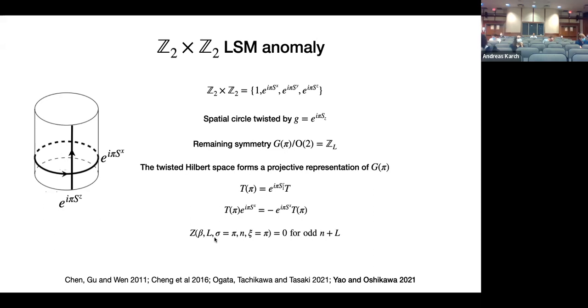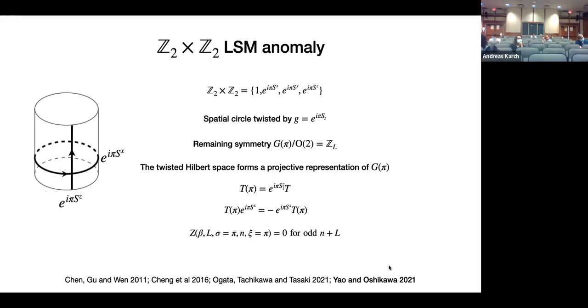That also leads to the exact statement about the partition function that when we put in sigma equals pi and C equals pi, the partition function has to vanish if n plus L is an odd integer. This argument was also given in this last reference by Yao and Oshikawa.